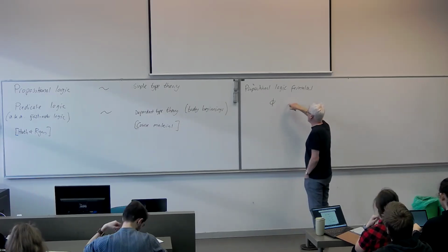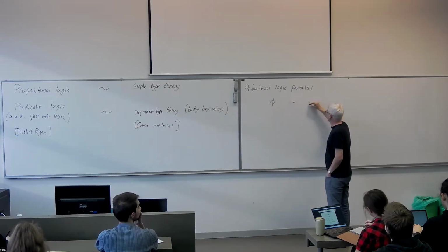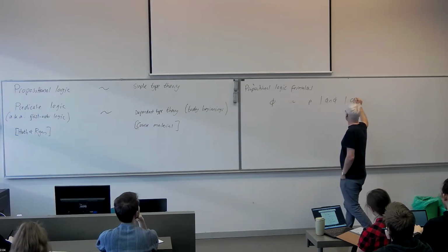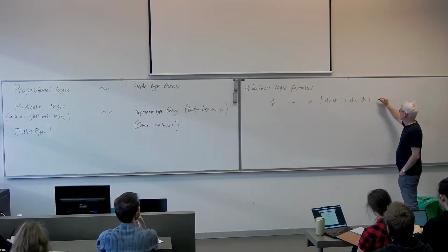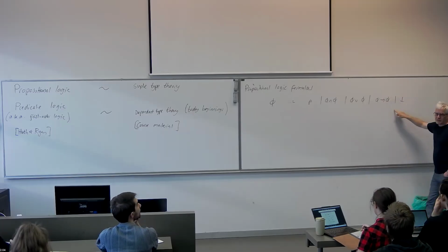But anyway, I'm still using Greek letters for formulas. So a formula phi, we have this grammar that it's either a propositional variable, or a conjunction of two formulas, or a disjunction of two formulas, or an implication of two formulas, or false, and that is enough to give us negation.